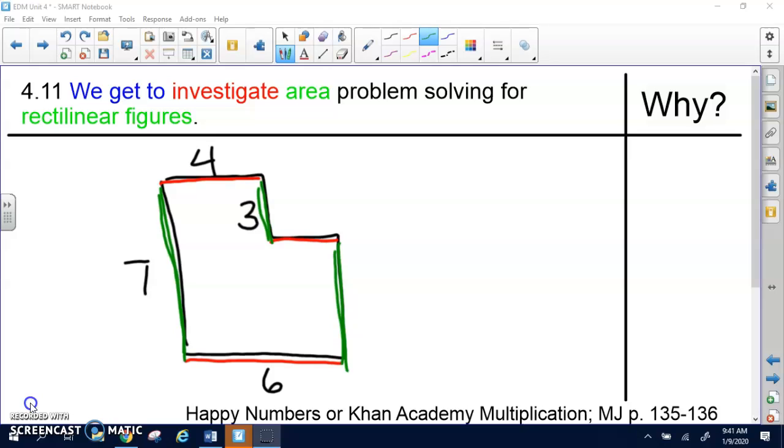Do you see how I've color coded these green? And Reed did a great job of keeping it green as well. We know that this side plus this side has to equal this side.